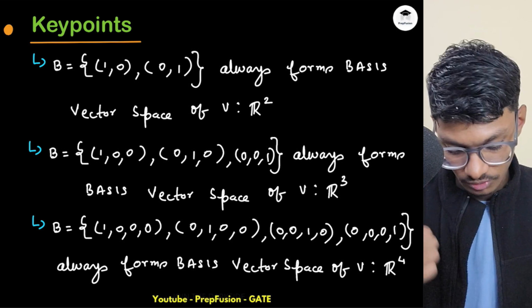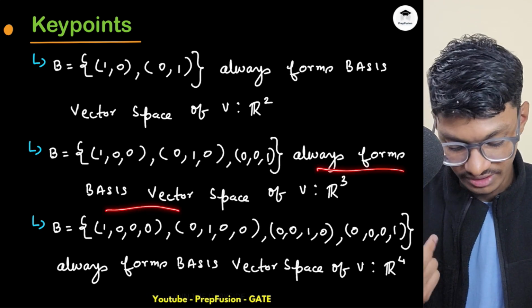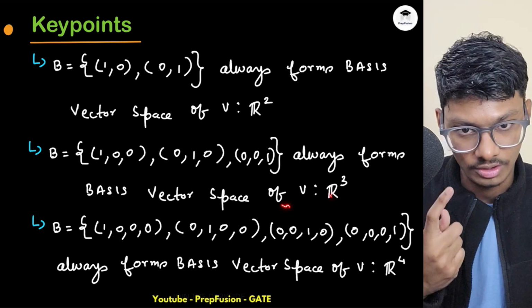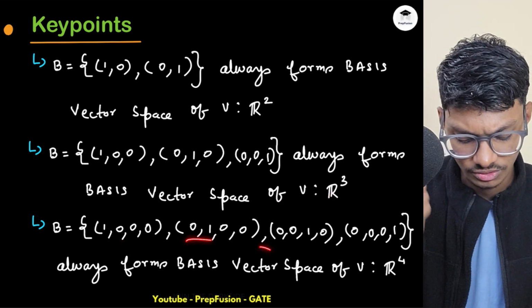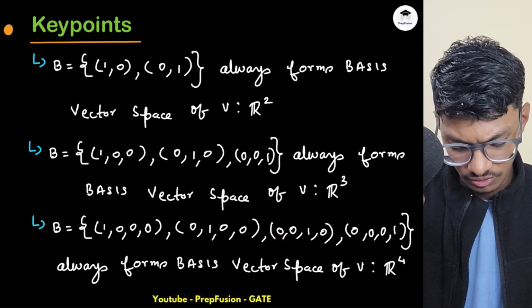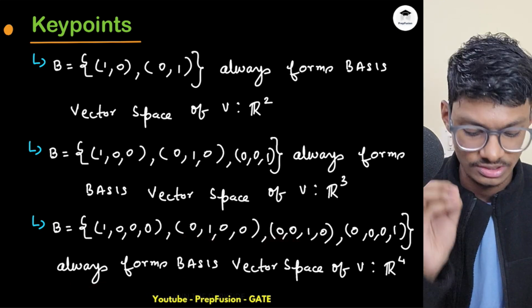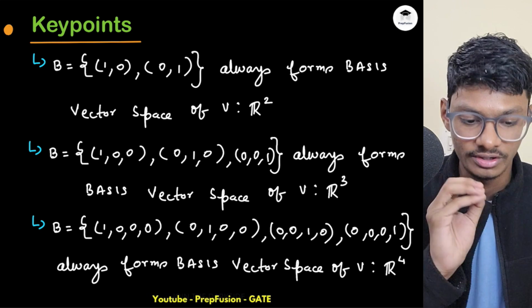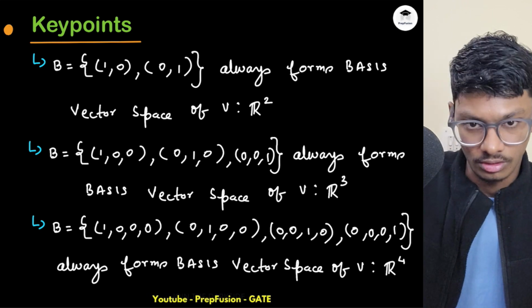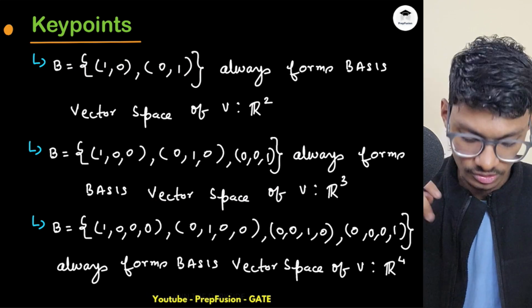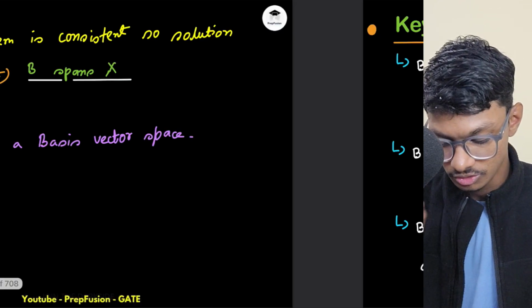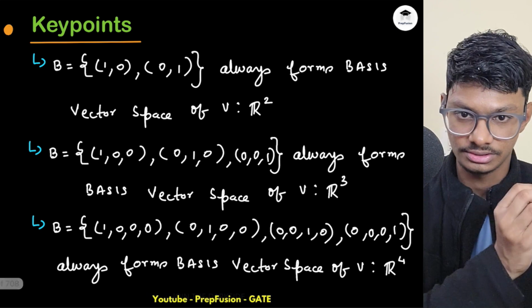So this always forms a basis vector space of R cube, 3 dimensional. And 1 0 0 0, 0 1 0 0, 0 0 1 0 and 0 0 0 1 always will form a vector space of R to the power 4, 4D vector space. You can go on, but I just wanted to reiterate this. If this comes up in the examination, you can directly tick your answer. Okay, so this was about the basis vectors.